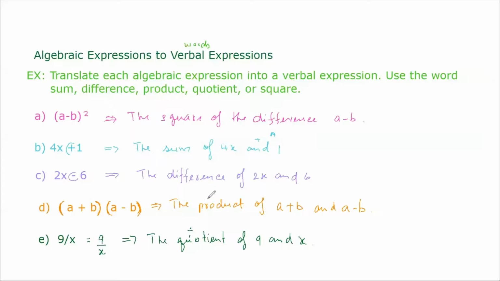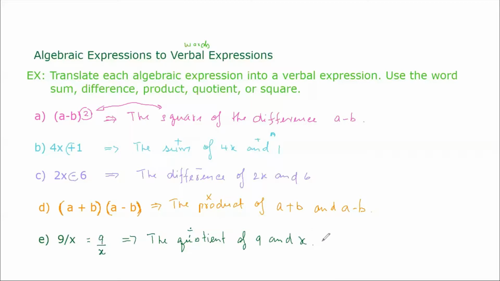Okay. Product means times. Difference means minus or subtract. Sum means plus. Square is like something to the power 2. So square means 2. If the power is 3, just say cube, and so on.